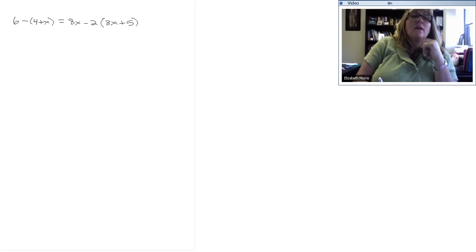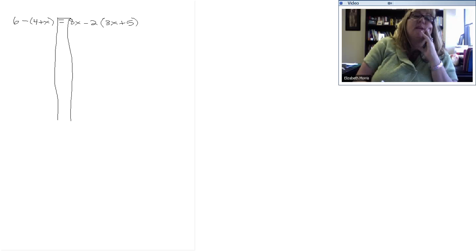All right, here's my wall. Now these parentheses exist because of this negative that needs to be distributed. So I get 6 minus 4 minus x. And then these are like terms, so 6 minus 4 is 2 minus x.